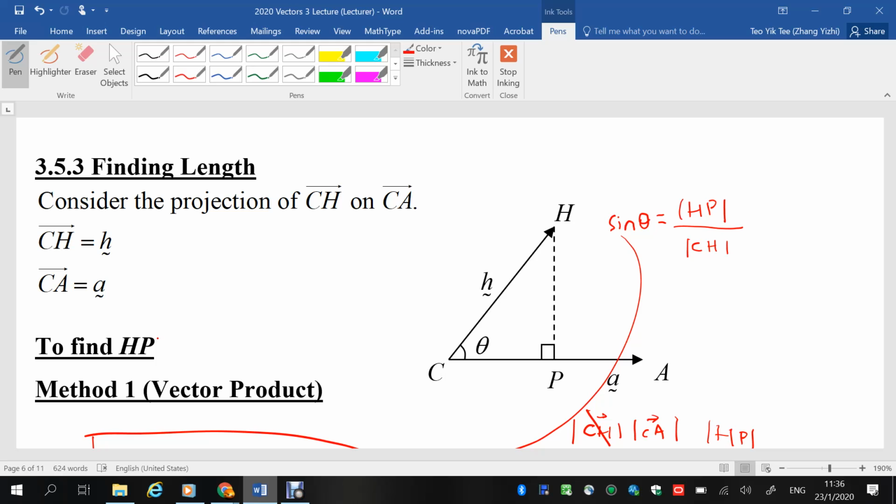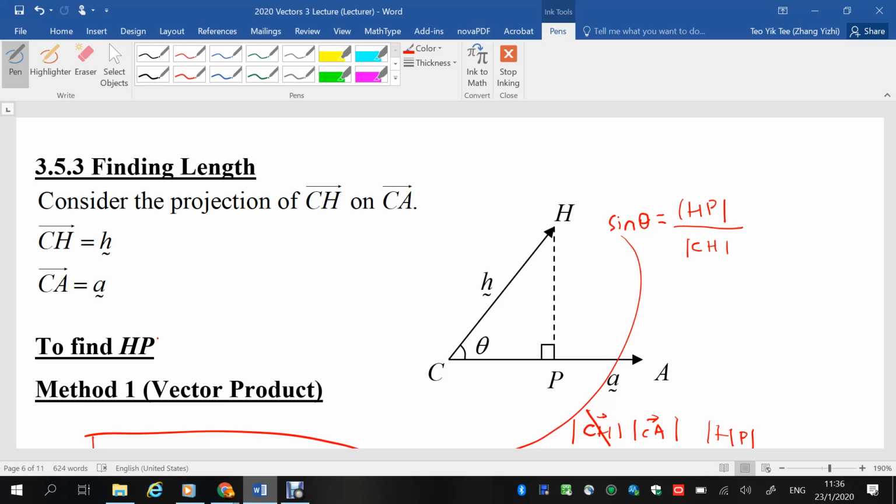If you have found the length of CP, and I ask you for the length of HP, do you need to use cross product? If I already have this length, and I ask for this length, do you need to use cross product?